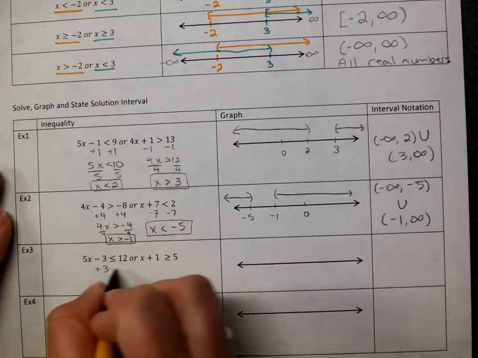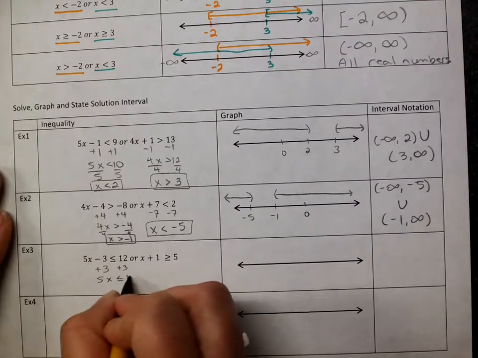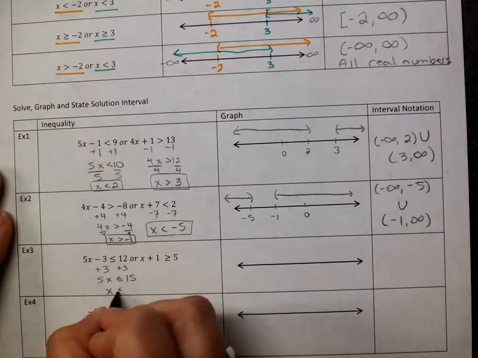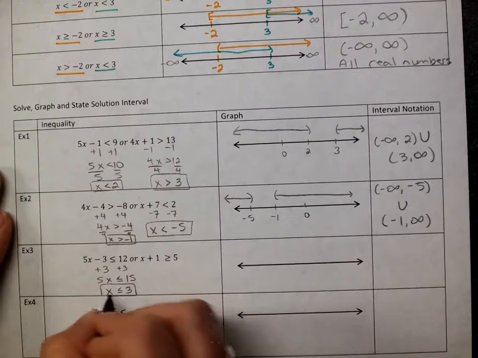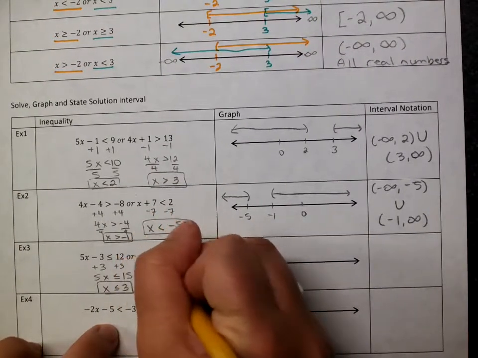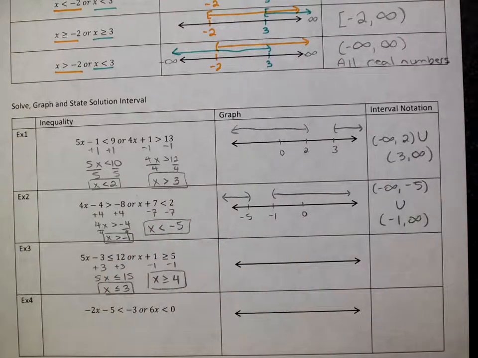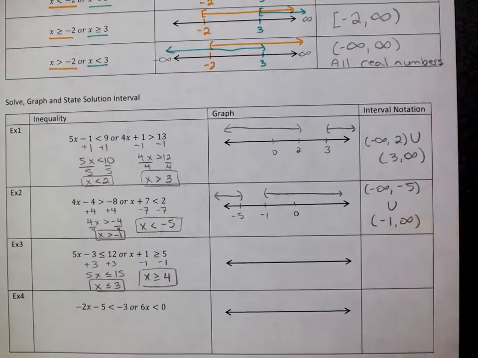Alright, on the next one, we're going to add 3. We'll get 5x is less than or equal to 15. You should get x is less than or equal to 3. And then here we'll subtract 1. X is greater than or equal to 4. So you're always going to get two separate answers for and or. You can graph them both, and then you see what happens.